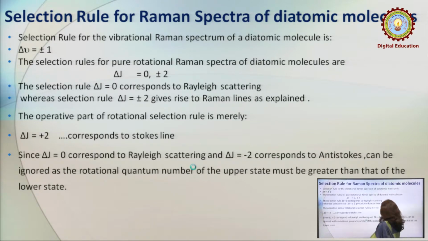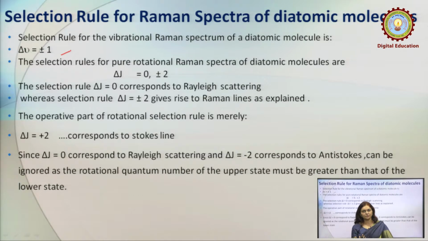Now, come to the selection rule for Raman spectra of diatomic molecules. The selection rule for vibrational Raman spectra of diatomic molecules is delta nu equals plus minus 1. It is the vibrational level, so it may be plus 1 or it may be minus 1.